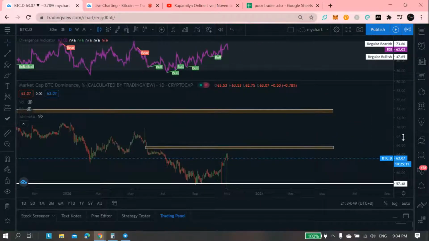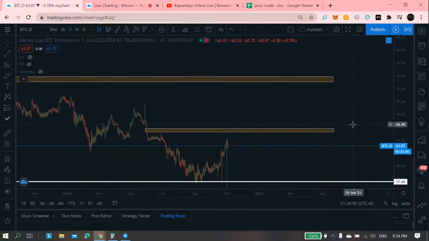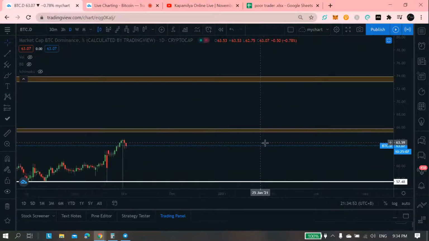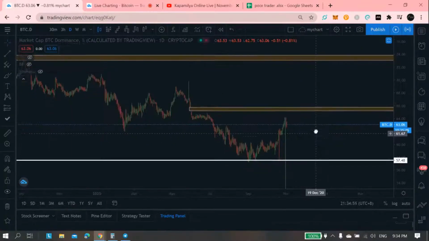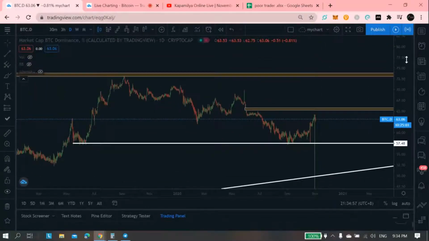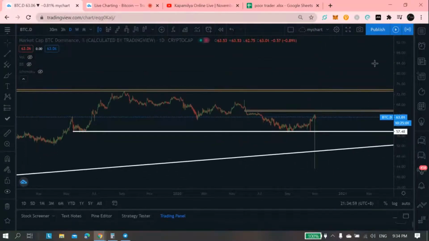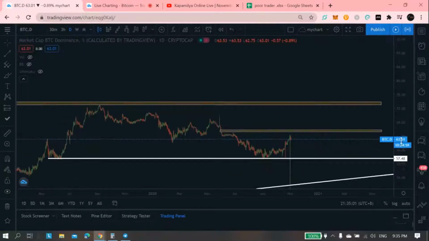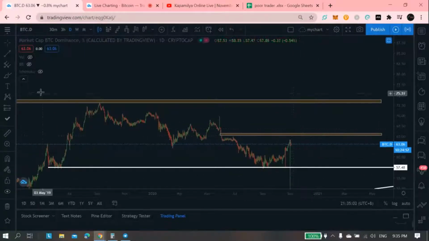And let's look at the chart. Let's look at the candles. But it seems like it could possibly retest and fill this gap.